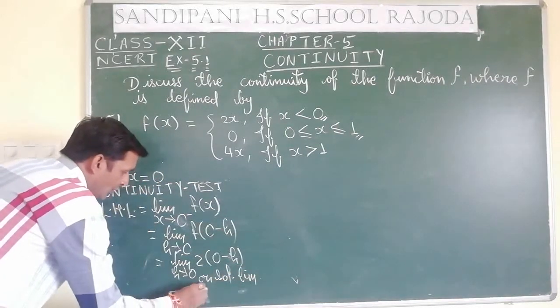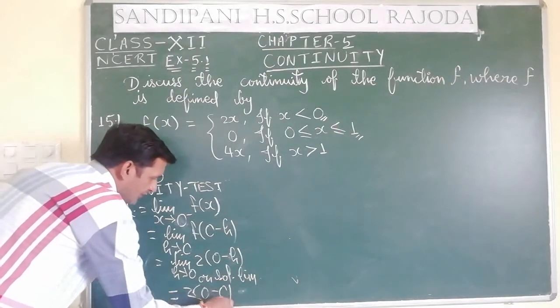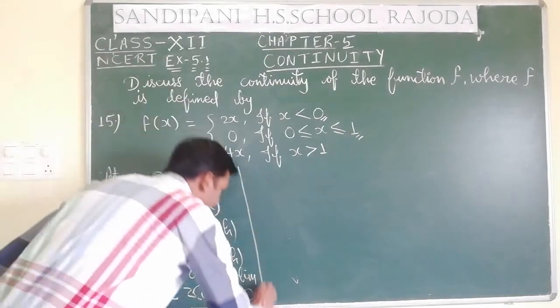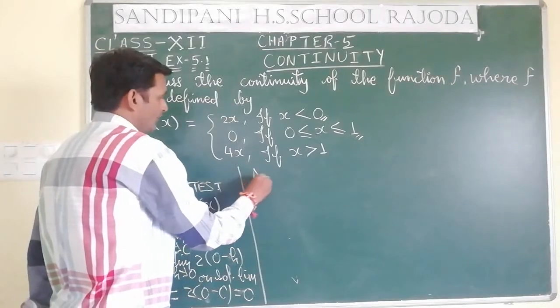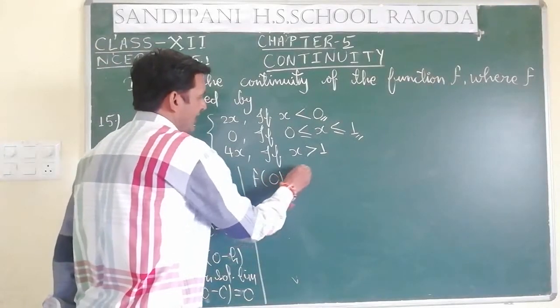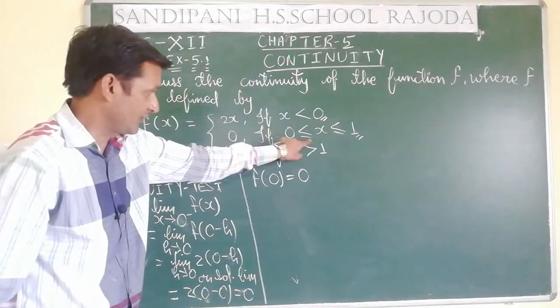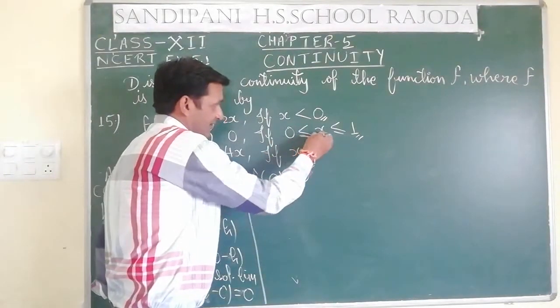It will be 2 into 0 minus 0, that is equal to 0 only. So it is our LHS. Now f of 0 is directly given 0. See, f of 0 equal to 0 for x equal to 0. Remember this sign.